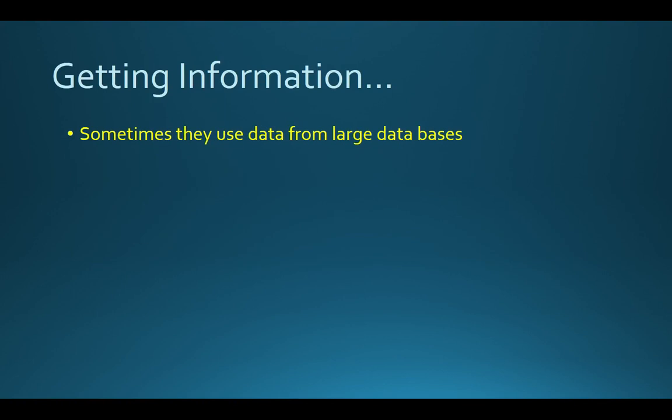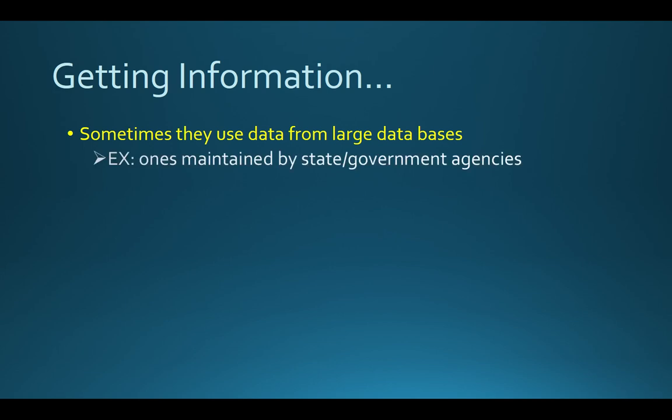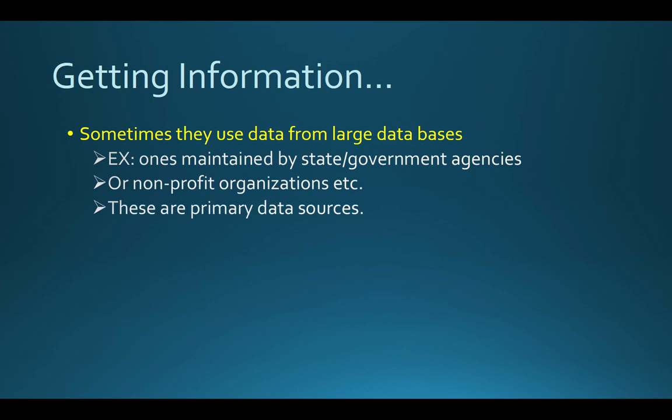But we can also sometimes use the data that are in the large databases, and we've already talked about one, right? The Census Bureau would be a large database. So when we talk about large databases, most of the time we might be talking about the ones that are maintained by state and government agencies or by nonprofit organizations. These are primary data sources. So we just looked at 3 of them on that Wikipedia page.